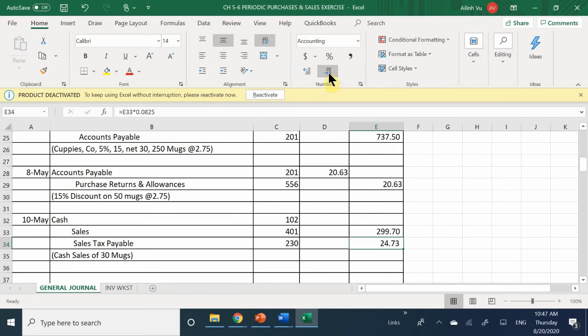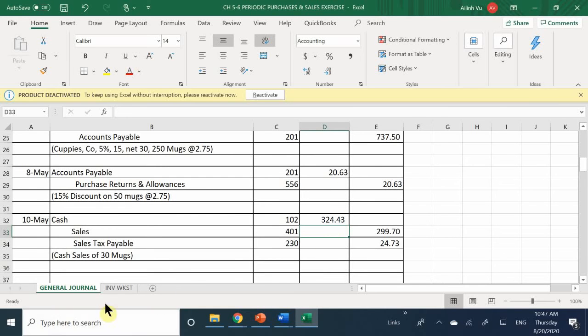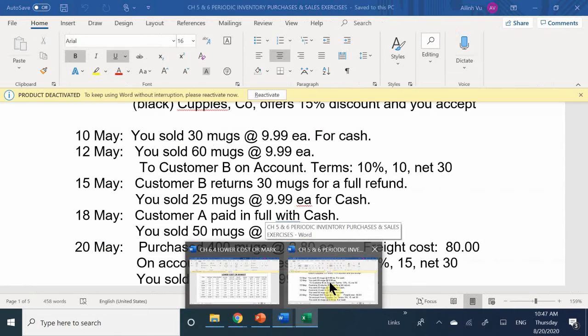But in this case, I'm going to round it up because it's a penny. No one can give you half a penny. So in this case, what is my grand total here? 324.43. 324.43 is correct. Okay. All right. Now what happened next?